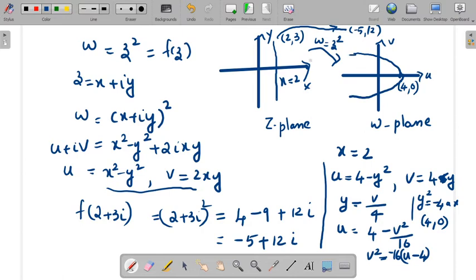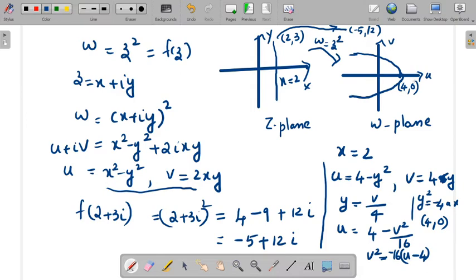This parabola will be the image of the straight line x is equal to 2. So we found the image of the point 2, 3 and located it in the W plane. We have also found the image of a curve, the straight line x is equal to 2, which we obtained as a relation between u and v, which we see as a parabola like this.